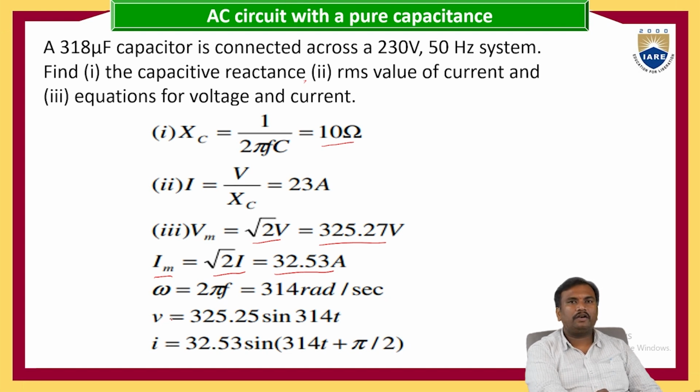Now we write the V of t and I of t functions, where V of t is 325.27 sine 314t and I of t is 32.53 sine 314t plus pi by 2. Here the current is leading the voltage by 90 degrees.